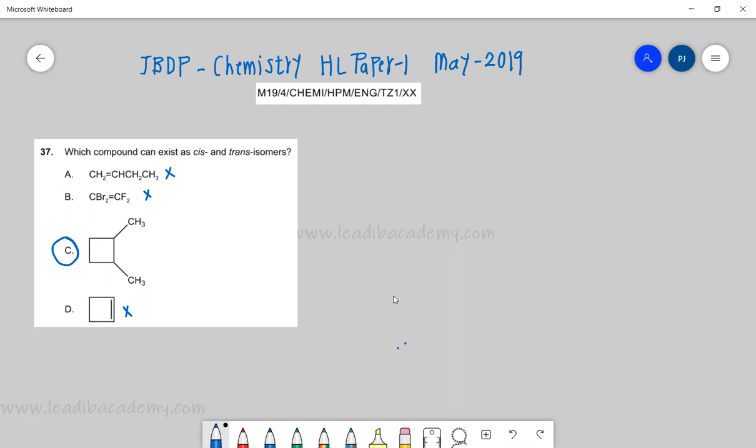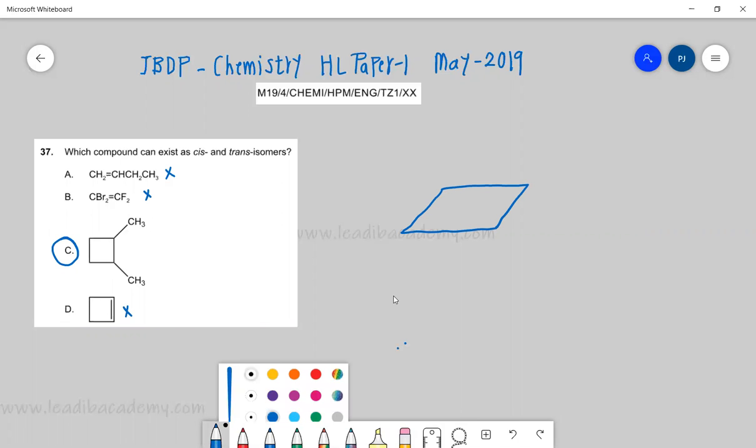So this is correct, but let's try to understand how it will look. Let me show the structure. This is CH3, and there can be another possibility like this.